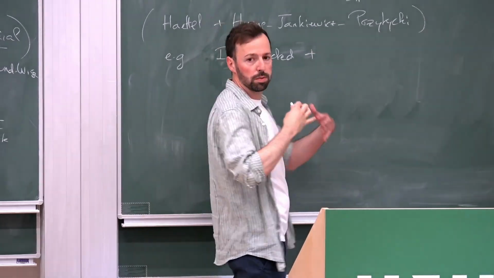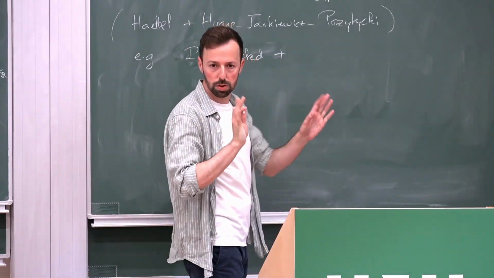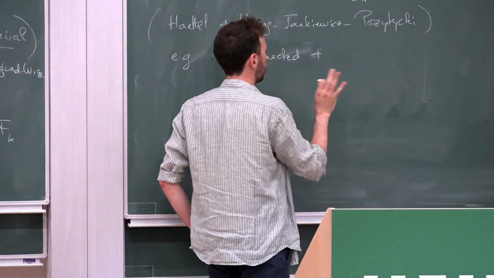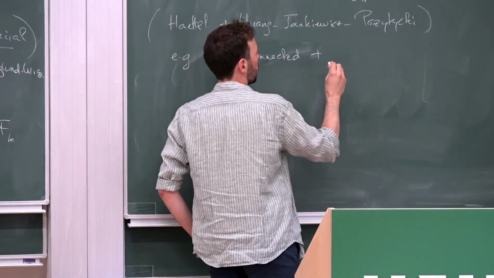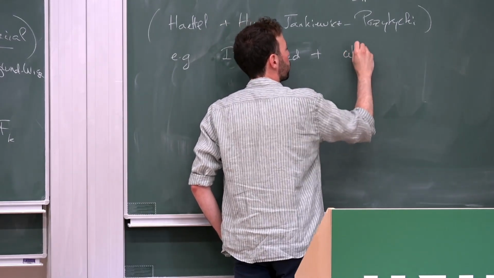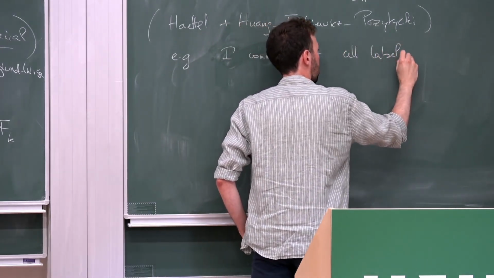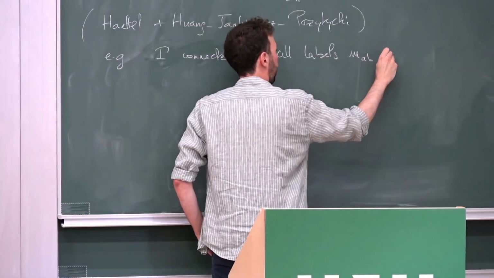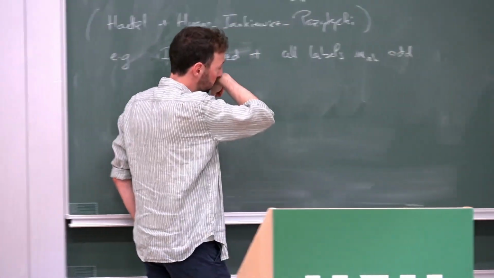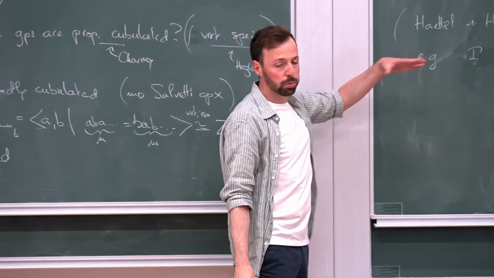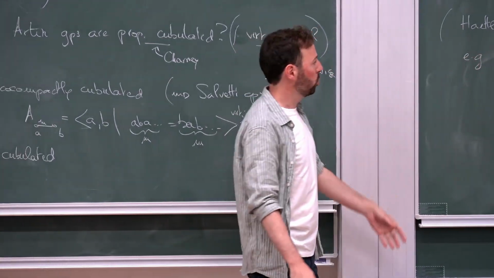If it's not connected, you have a free product, and co-compact cubulation or any sort of cubulation behaves really well with free products. So connected, but all labels are odd. This forces your Artin group to be what's called large type, so in particular it's cohomological dimension 2.